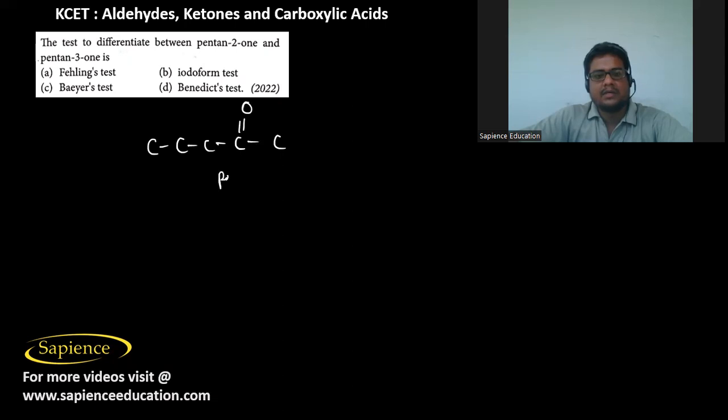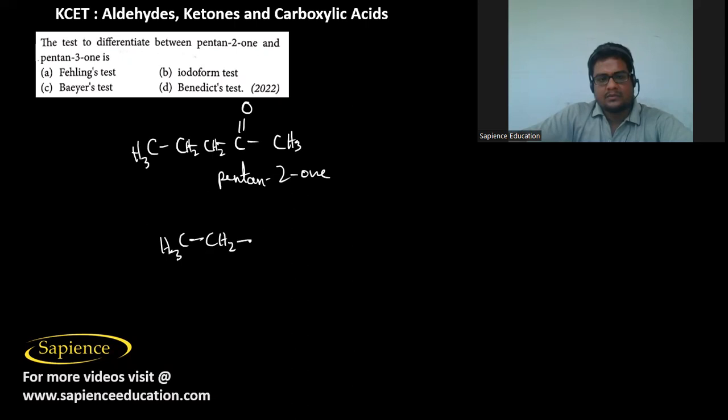This is pentan-2-one, and of course these will be CH2, this is CH3. So this is pentan-2-one, and we have pentan-3-one, which is CH3 CH2 CO CH2 CH3. So this is pentan-3-one.